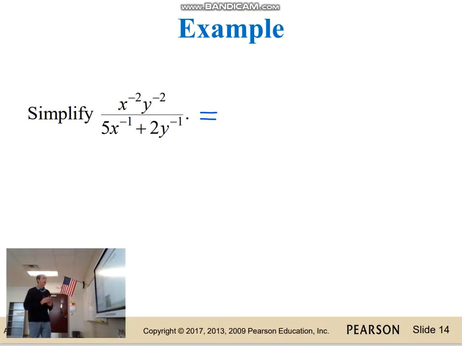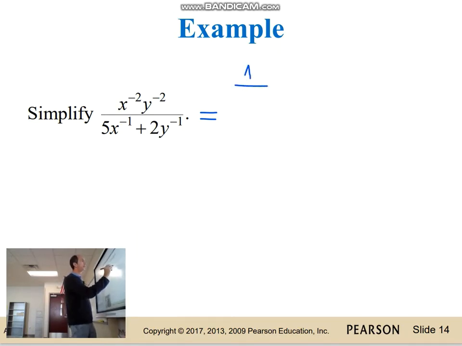Check the example. We have lots of negative exponents here, right? So we will transform into fractions with positive exponents, like this. x exponent negative 2, we can write as 1 over x squared, times y exponent negative 2, 1 over y squared.